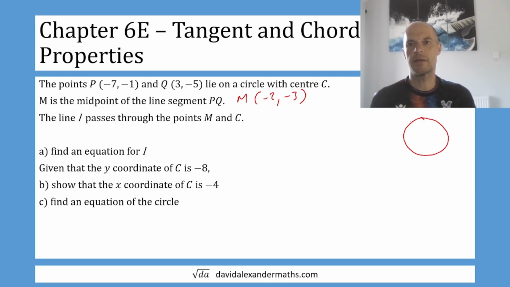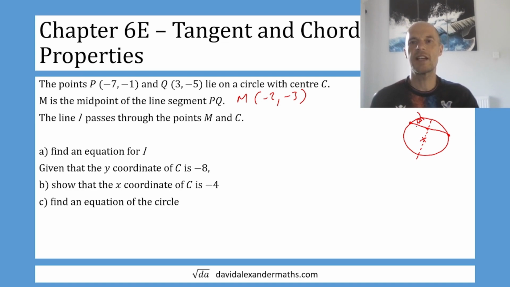So if this is point P and this is point Q, we've worked out the midpoint, which is M. So the perpendicular bisector of this line goes through the centre. So what I'm going to do is work out the gradient of the line PQ. Obviously this sketch might be completely inaccurate. Well, I strongly suspect it is.